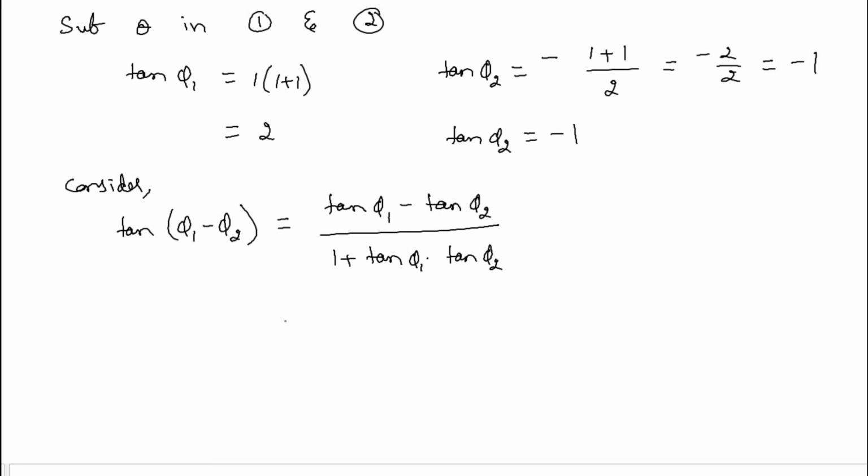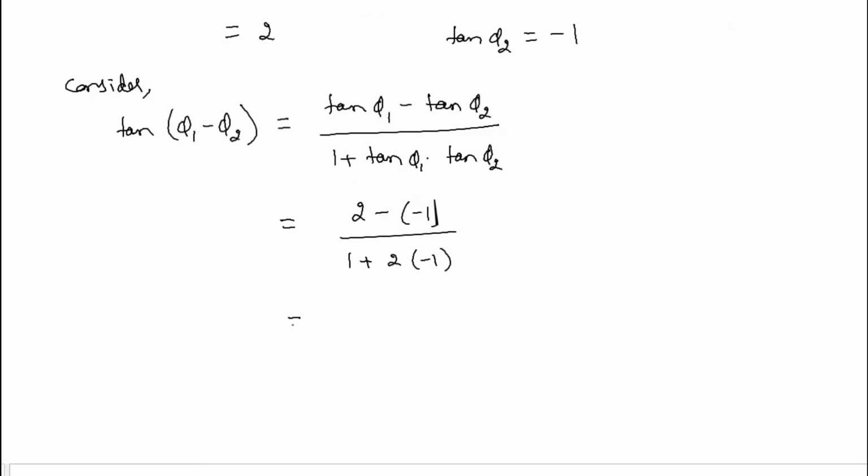We know the value of tan φ1 is 2 and tan φ2 is minus 1, so it is (2 − (−1)) divided by (1 + 2 × (−1)). If we simplify, minus of minus becomes plus, so 3, divided by 1 plus into minus, which is minus 2, giving minus 1.